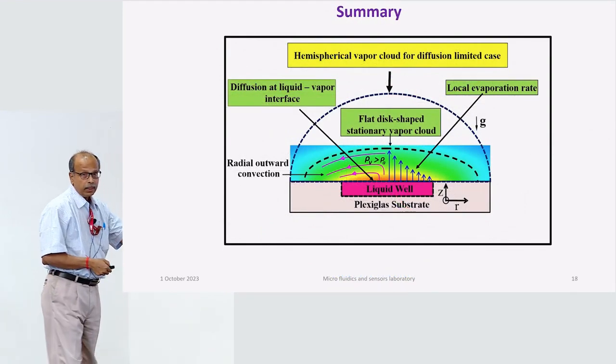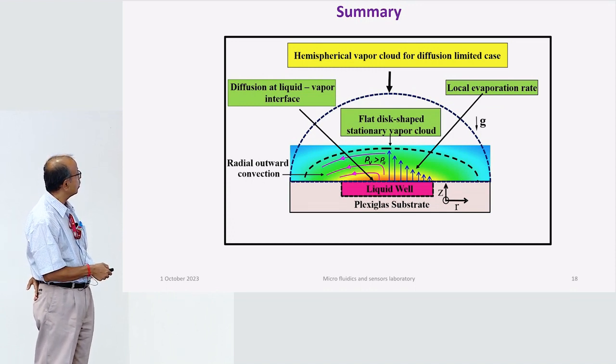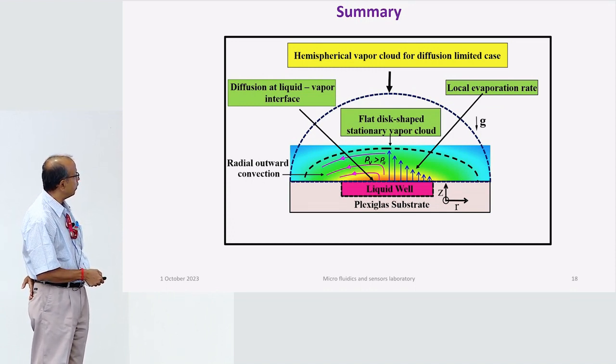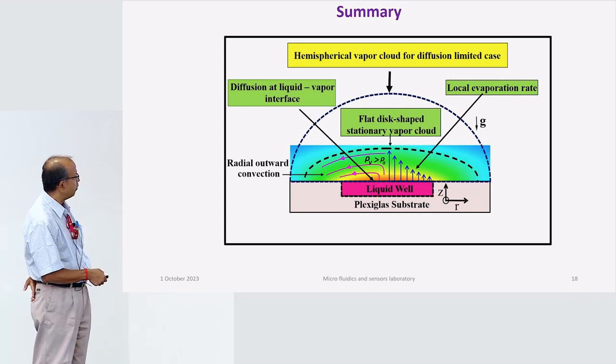So in summary of this part, when you have a liquid well, this is how the evaporation takes place, with the highest evaporation here. If you have a diffusion limited calculation, your vapor cloud will look like this.